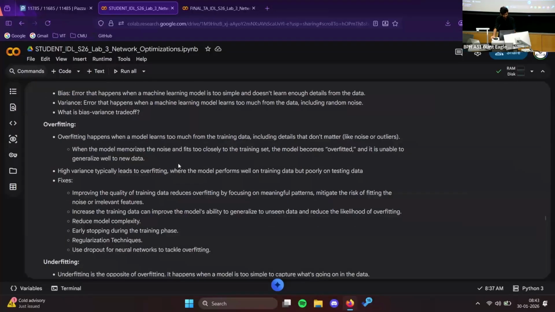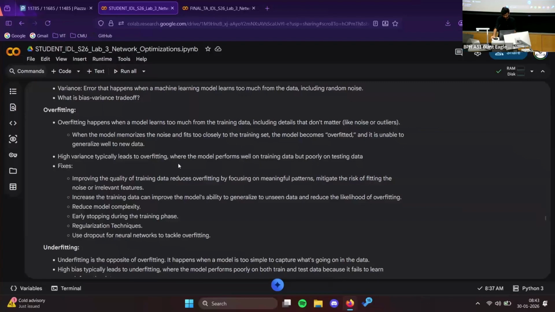And in the context of those two, we have something called overfitting and underfitting. Overfitting happens when the model learns too much from the training data. In other words, overfitting happens when the model memorizes every pattern that's present in the training data. It even memorizes the random noise in the training data that is not even required.